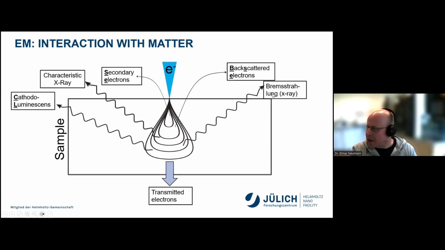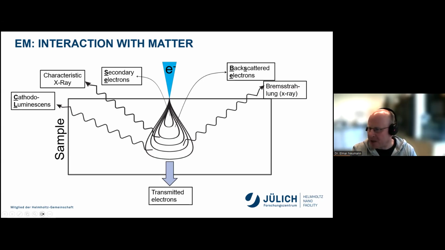The next one is X-ray Bremsstrahlung, which gives rise to the continuous spectrum, but we're going to talk about that a little later. Next are the characteristic X-ray spectra or lines, then backscattered electrons, and the smallest volume comes from secondary electrons.